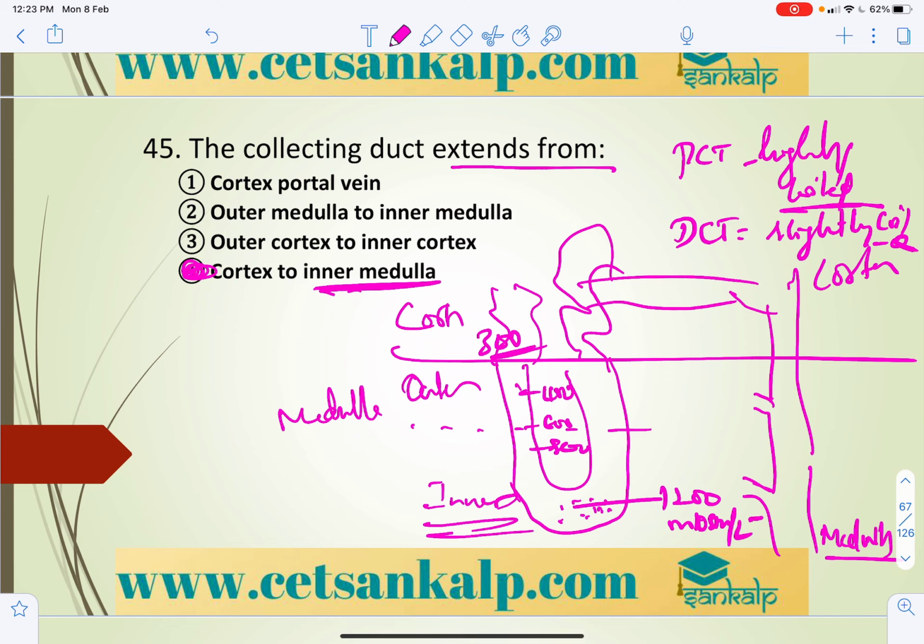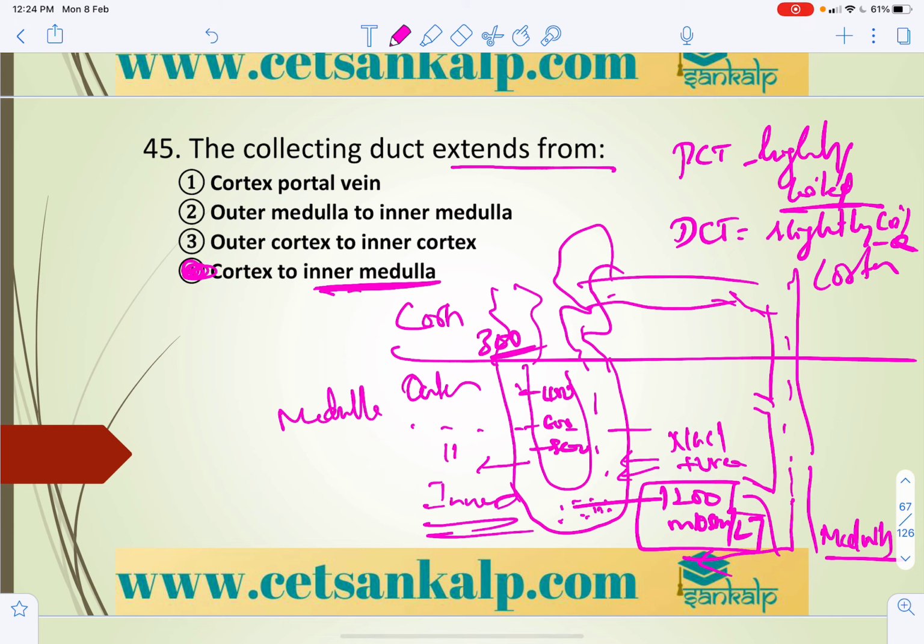This osmolarity is because of the NaCl and urea which are absorbed and moved back to the interstitium from the collecting duct, and water is removed. That helps to maintain the countercurrent mechanism.